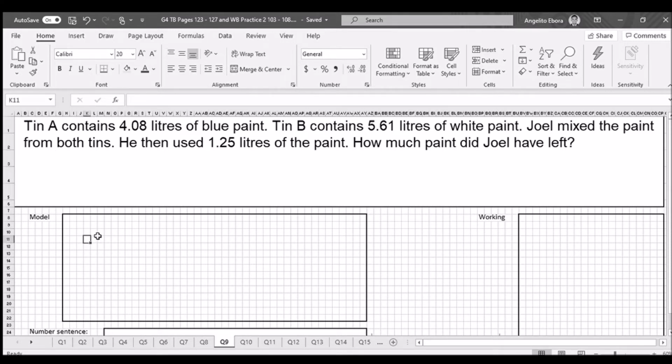Okay, so let's say this is the tin A, which is 4.08. And then tin B has more, right? It is more than the tin A. So it will be longer than that.